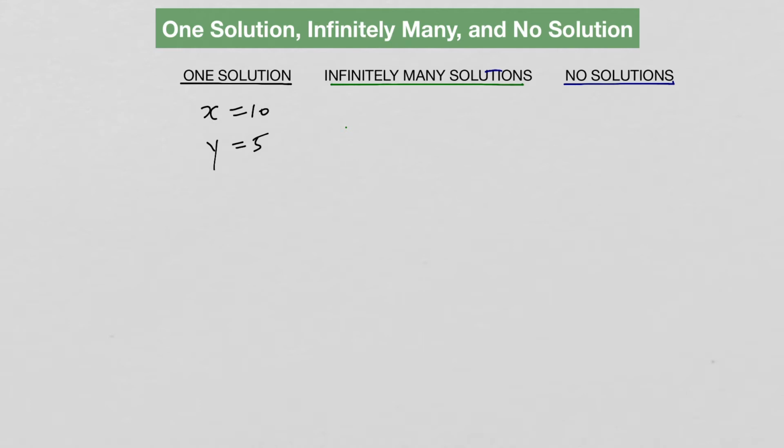With infinitely many solutions, you would have something like x equals x, or 5 equals 5, or 2x plus 9 is equal to 2x plus 9. And the last one, with no solutions, would look something like 4 equals 0. Obviously it doesn't.